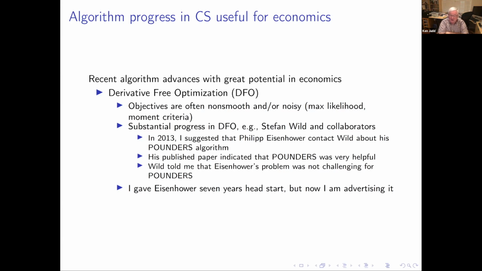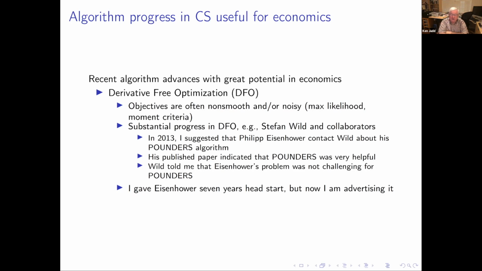I also talked with Stefan Wild, and he said that Eisenhower's problem was not very challenging for Pounders. So there are a lot of problems in econometrics which involve trying to optimize a non-smooth function, particularly if it's a simulated maximum likelihood or simulated moments method.